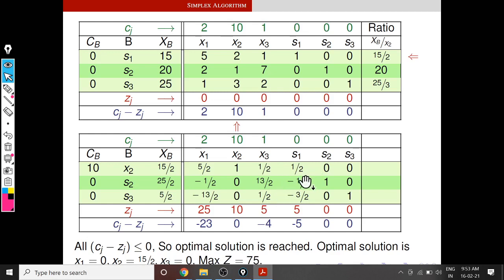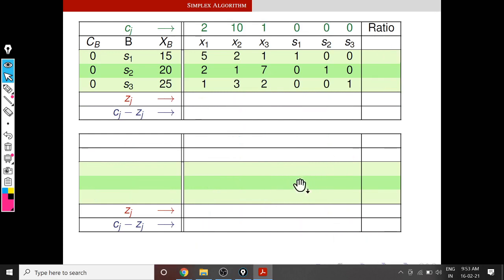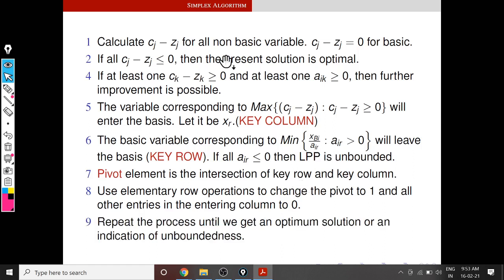Let's look at the algorithm once more before going to the next problem. Calculate cj minus zj for non-basic variables. Don't stress about this, compute for all of them, because I wrote it that way since it is 0 for basic ones. If all the cj minus zj's are less than or equal to 0, then optimum. Otherwise, we have to choose the maximum, and that is the key column. Then we find the ratio corresponding to positive entries in the key column, and choose the minimum; that is the entering column.